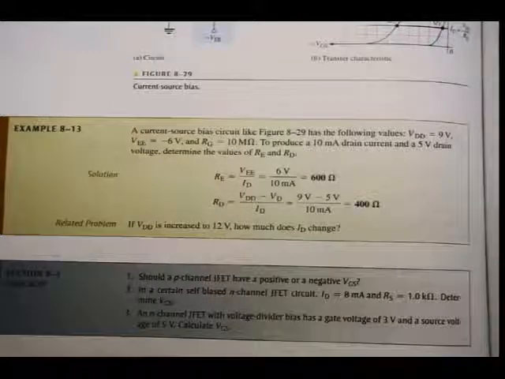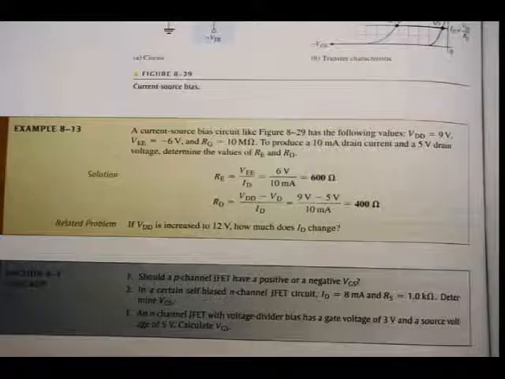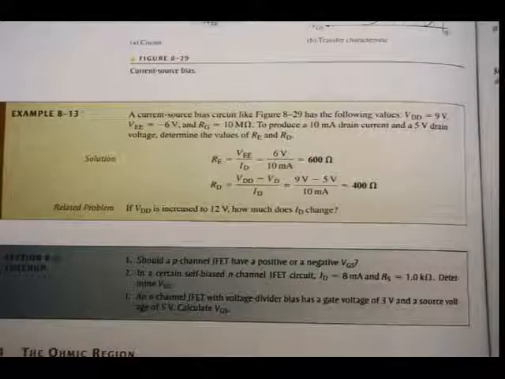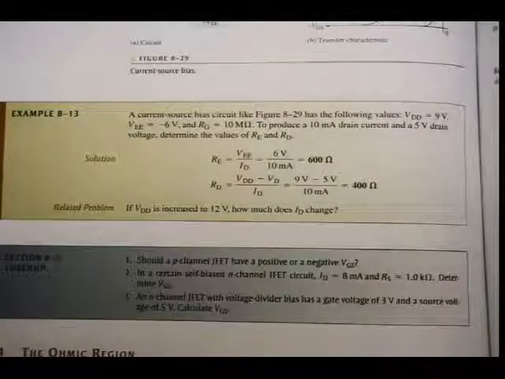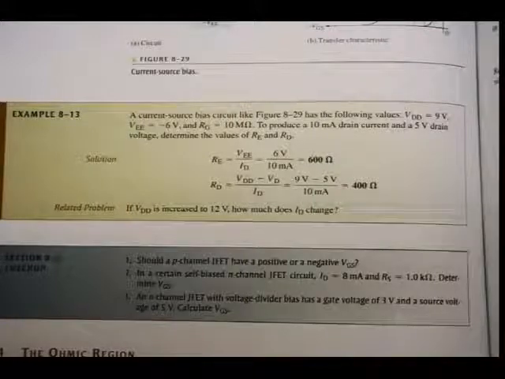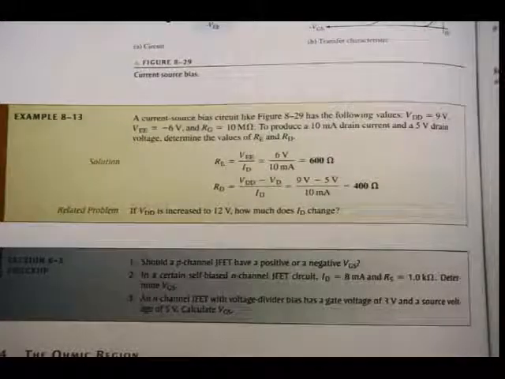To produce a 10 milliamp drain current and a 5 volt drain voltage, determine the values for RE and RD. So just use my formulas. RE is equal to VEE over ID, value of 600 ohms. RD is VDD minus VD over ID, value of 400 ohms.